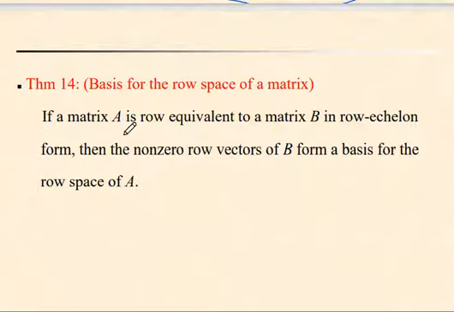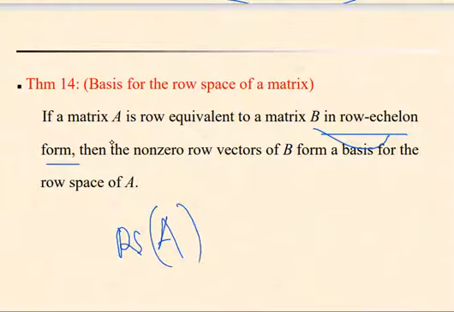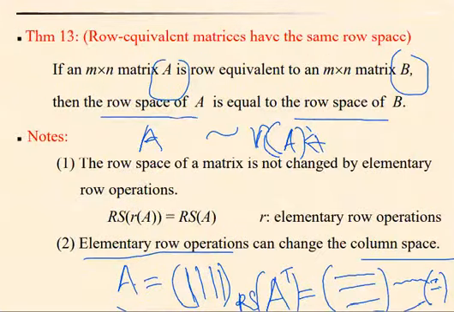If a matrix A is row equivalent to a reduced echelon form, you can reduce A. The row space of A is the set of linear combinations of rows of A. This space is the same as that of the reduced matrix.